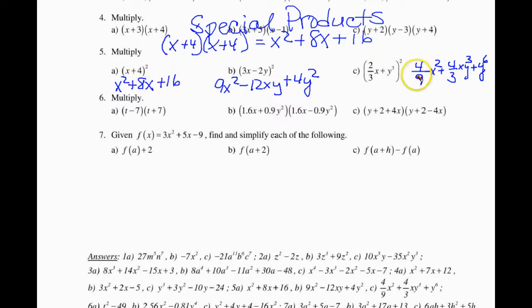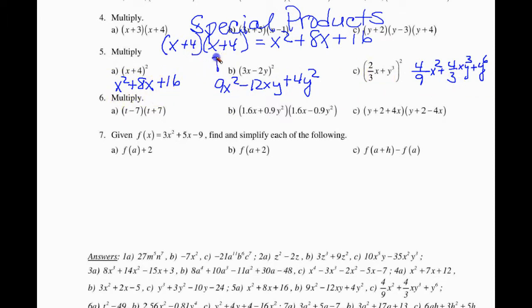Now, you'll have some examples to work. Again, this is a backup way of doing it, where you can use the FOIL, but this is a special way of squaring a binomial. Now, when we square a binomial, these form a special kind of trinomial, all of these.